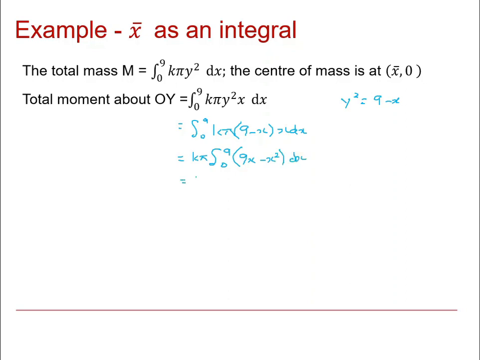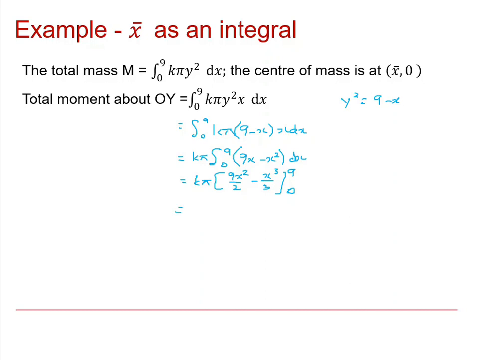So that gives us the k pi as always, and then 9x squared over 2 minus x cubed over 3. And that's evaluated between 0 and 9.